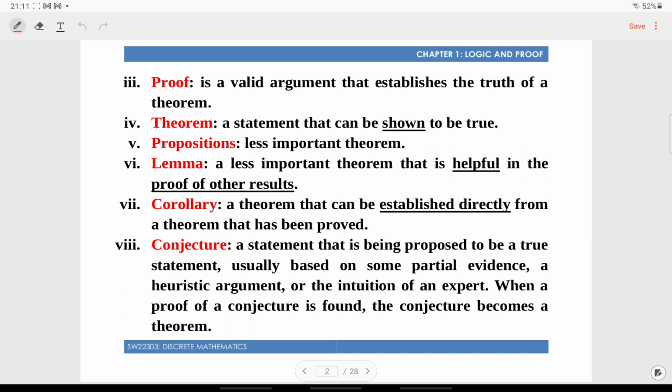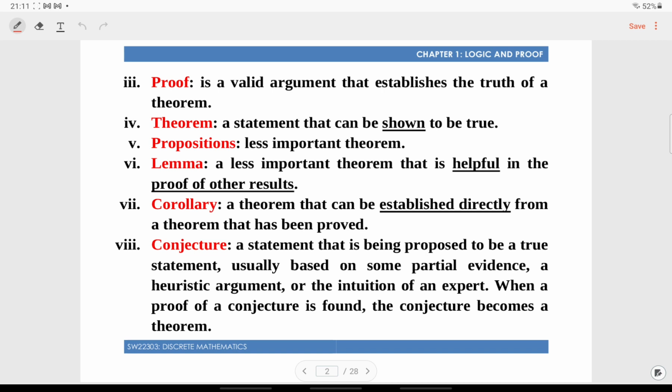Another one is the corollary. A corollary is basically a theorem that can be established directly from a theorem that has been proved. That means from an existing theorem, we can establish another theorem, and that theorem is what we call a corollary.